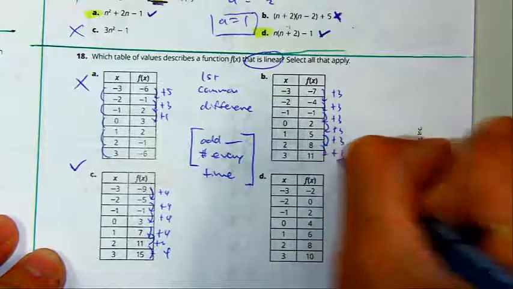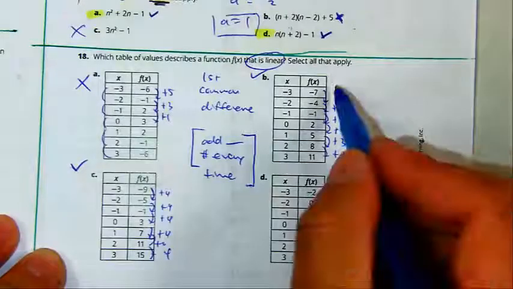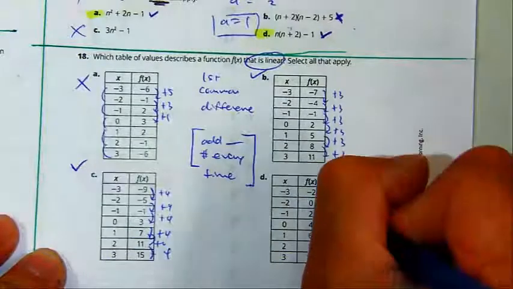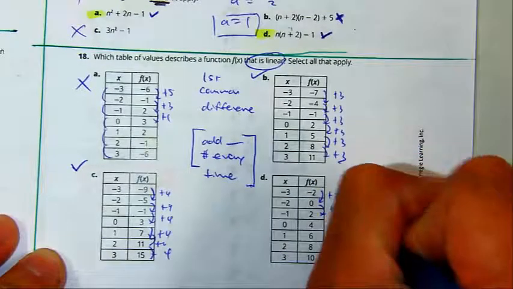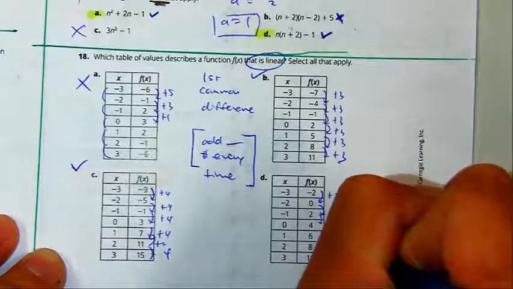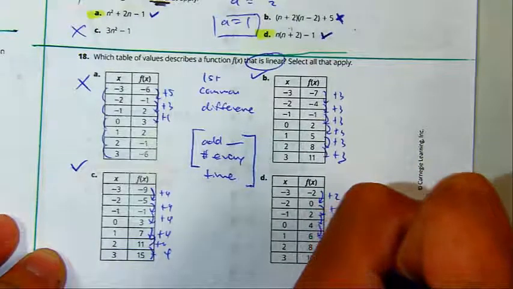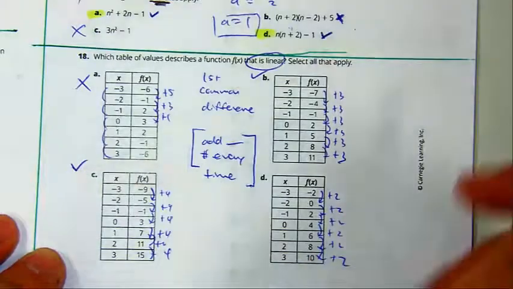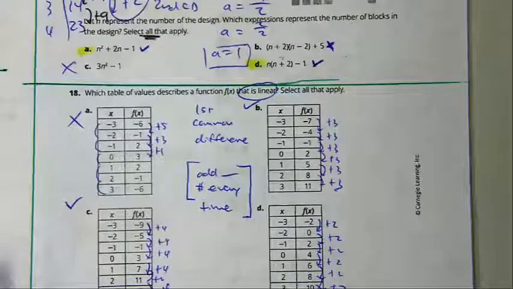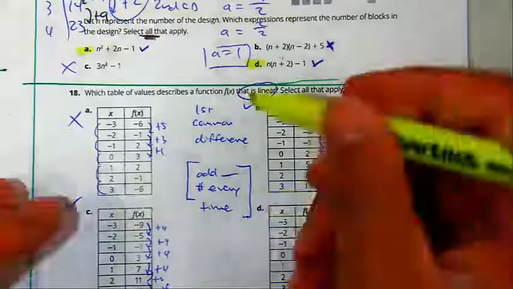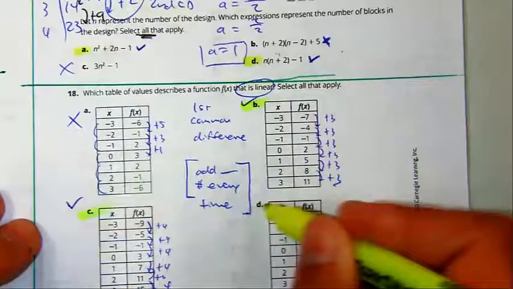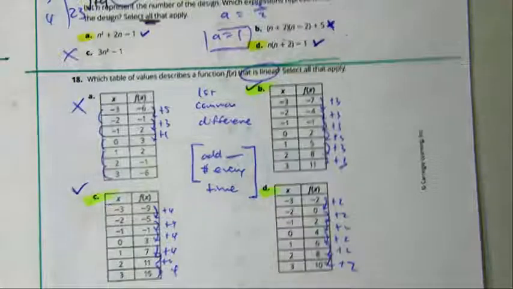So this one also makes first common difference. This is good. And then over here, add 2, 2, 2, 2, 2, and 2. So for 18, you'll actually have those three answers: B, C, and D, just because they all have a first common difference.